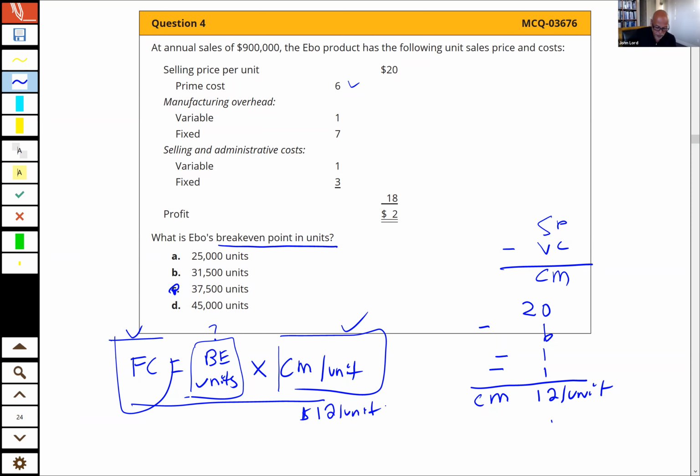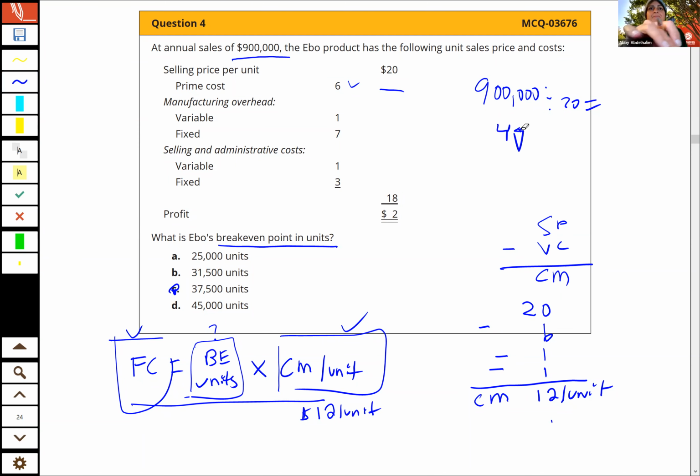Okay, but now I got to figure out my fixed cost. Well, look, they're telling me that my sales were 900,000. And if my sales are 900,000 and I'm selling the things for $20 per unit, that means I sold what, 45,000 units?